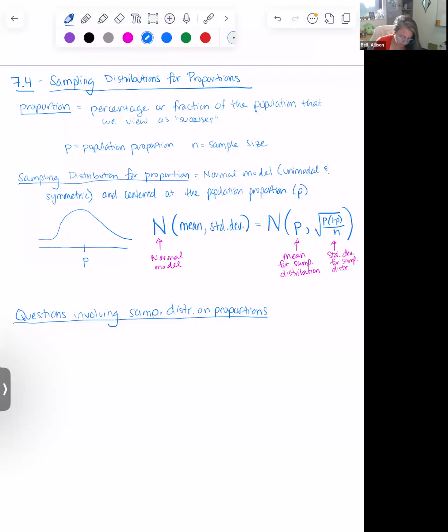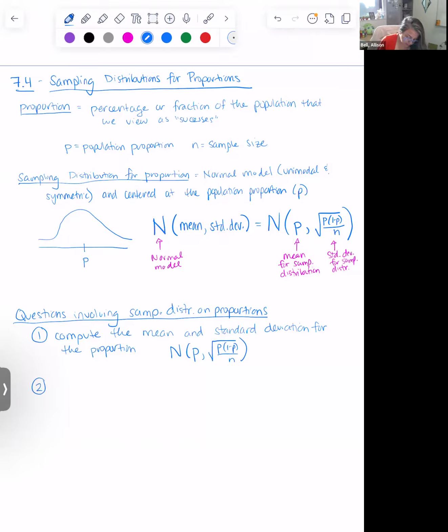The first step is that we compute the mean and standard deviation for the proportion. That would be creating this normal model, where the proportion is the mean and we find the standard deviation. That's our first step.